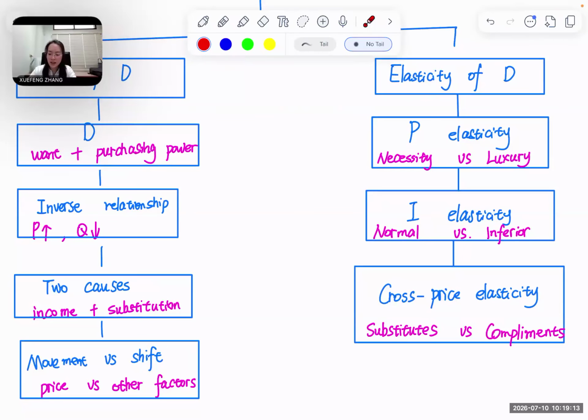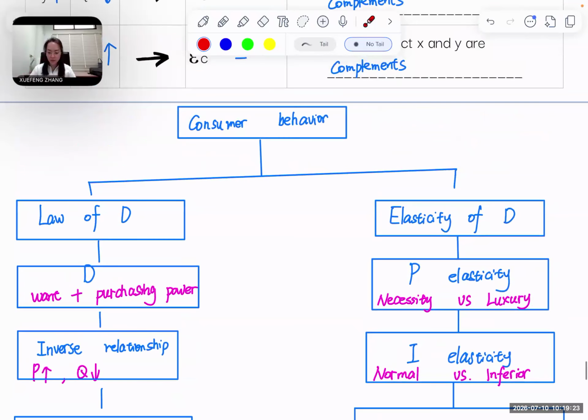Next class, so next Monday, I'll see you next Monday. We're gonna have the multiple choice quiz for chapter 2, which will be done by Kahoot. And I'm gonna give you extra points only for the top 3 students, all right? So please review it.